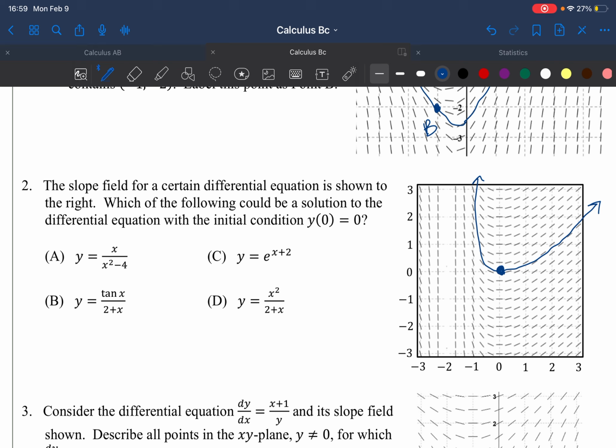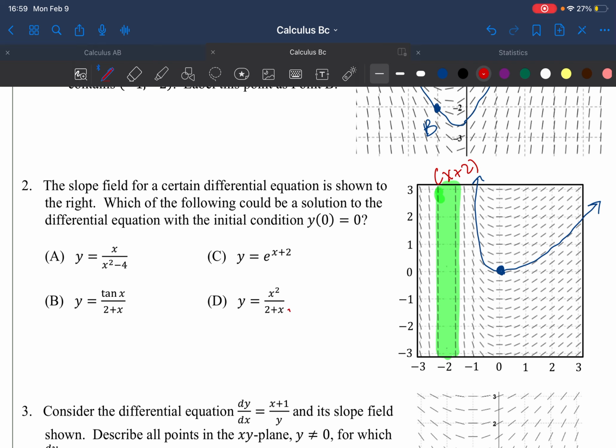Another thing I want to point out is notice right here where I have a gap. There are no slopes recorded in this area, so this area is actually representing an asymptote. More specifically, a vertical asymptote at x = -2. Looking at each of these choices, since I identified a vertical asymptote at x = -2, that means I should have an x plus 2 in my denominator.